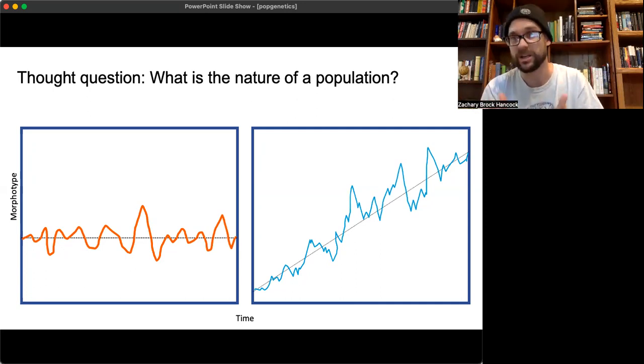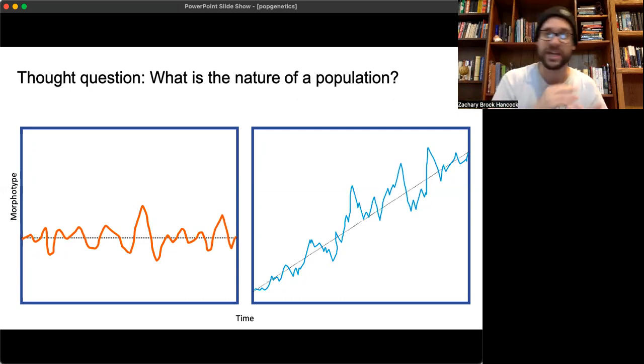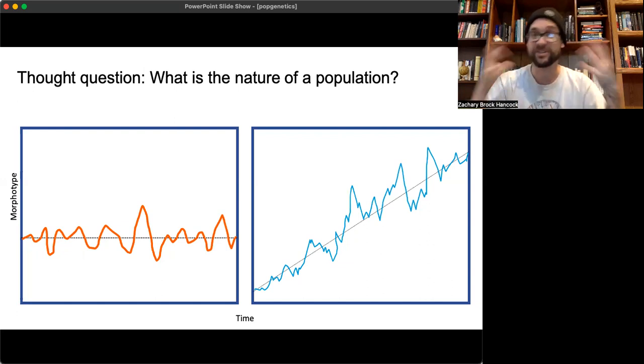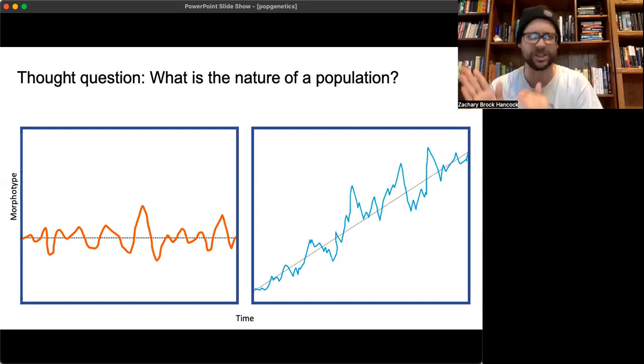Alternatively is the Darwinian view, or the evolutionary view, that populations change through time, right? That there's variance around that change, but that you can see a gradual change in either morphology, gene frequencies, allele frequencies, et cetera. And this shows it like it's directional. It's not directional in any sense. Evolution is absolutely not that.